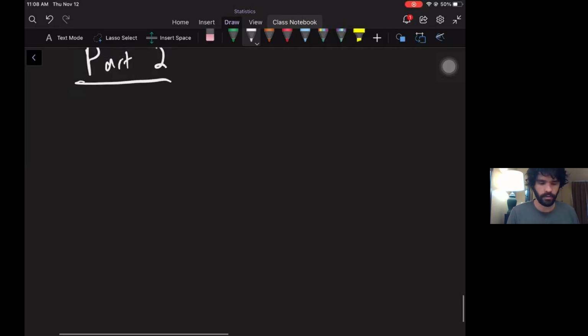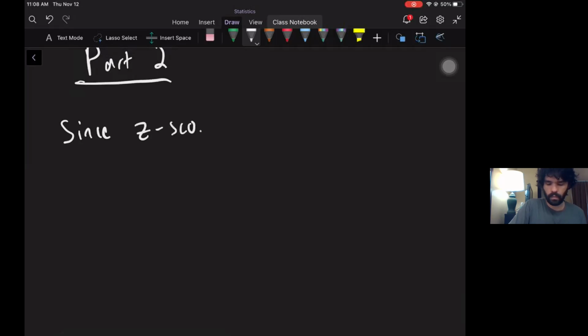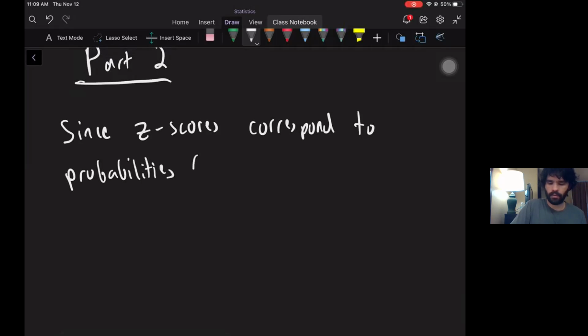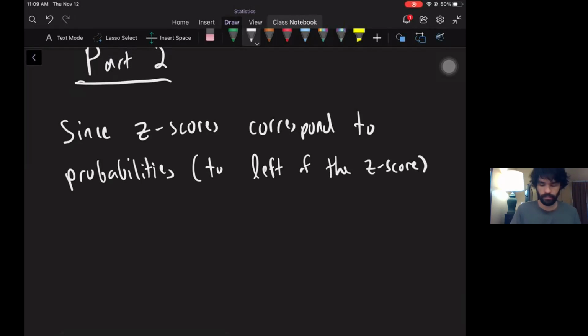Here is part 2. So it's just going to be more examples, but we're going to sort of go backwards. So here is the idea. Since z-scores correspond using this calculator to probabilities, typically to the left of the z-score, this means that we can sort of go backwards.